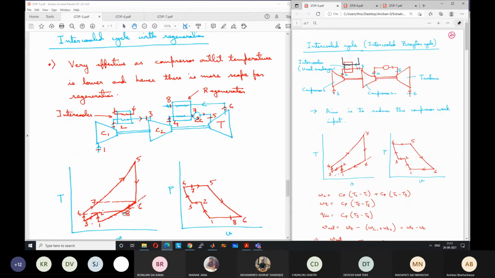So again, 8 should be equal to 4 for the ideal regenerator, and because 4 is at 2, T8 should be equal to T4 equal to T2, if we consider that the heat exchange effectiveness is 100%. From 8, the exhaust gas is released to the atmosphere. Still, it has a lot of energy, but that cannot be used. So this is the intercooled Brayton cycle with regeneration.